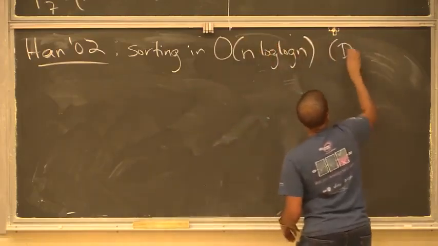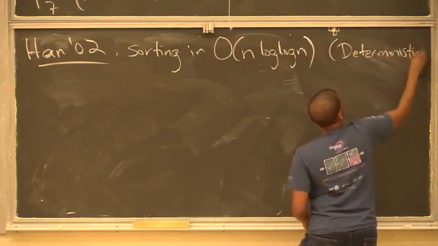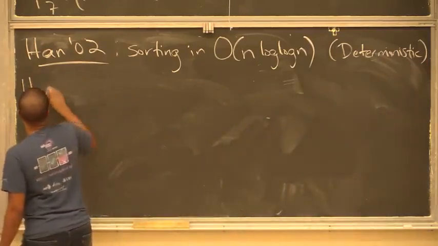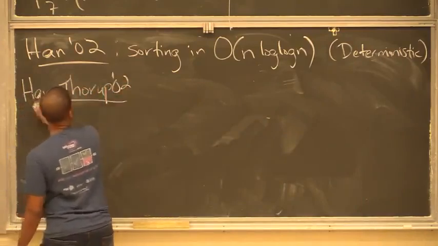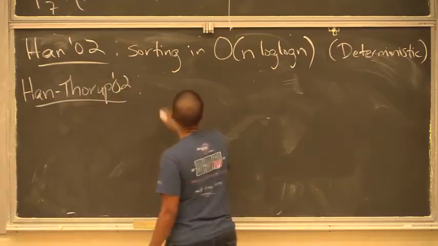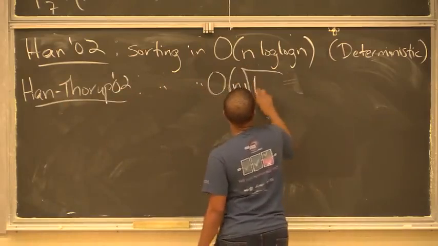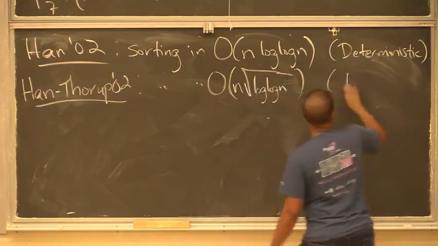This is a deterministic algorithm. And then Han and Thorup together came up with an algorithm, also in 2002, later in the same year, that says you can do sorting in O of n times the square root of log n. This is a randomized algorithm.